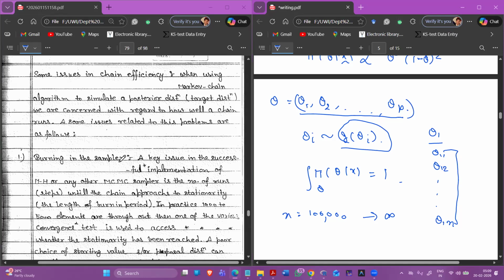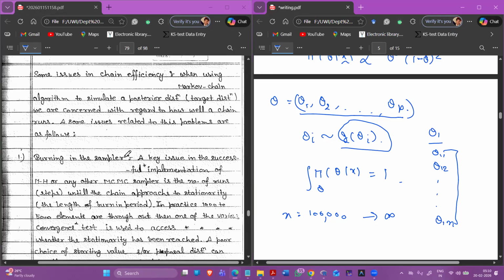We are concerned with how well a chain runs. Some issues related to these problems are as follows. The burn-in of the sampler means when you run this MCMC chain again and again, whatever values it generates, are the estimated values of your theta i's being produced in the proper manner or not? How will you check it?